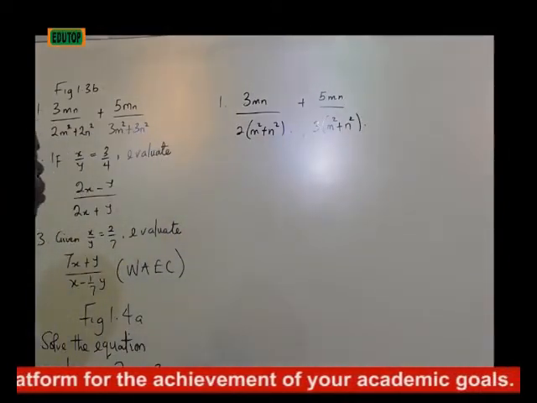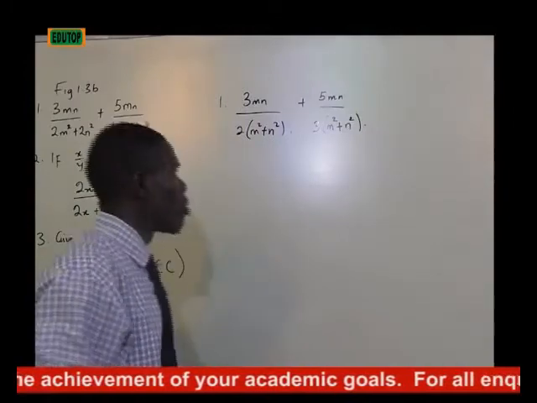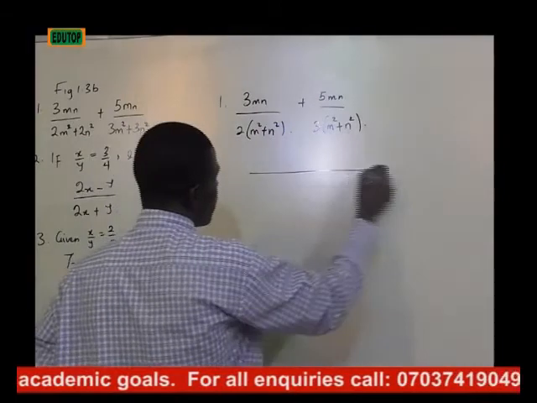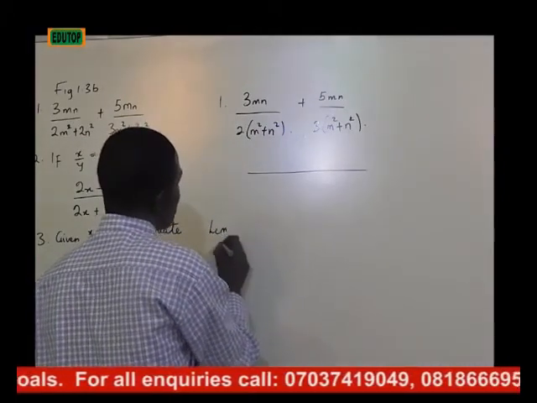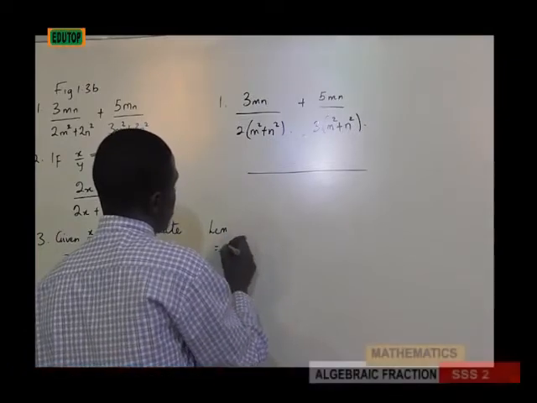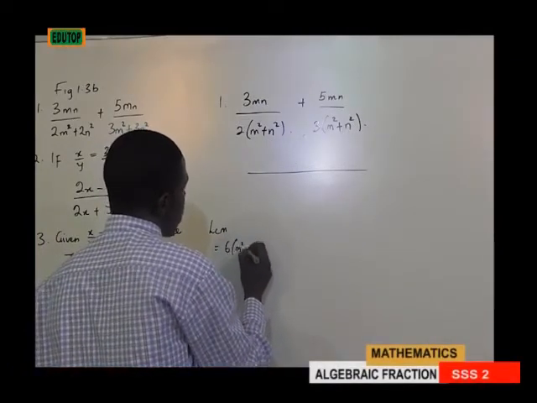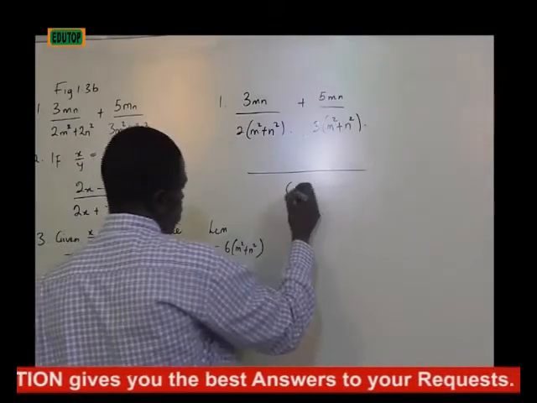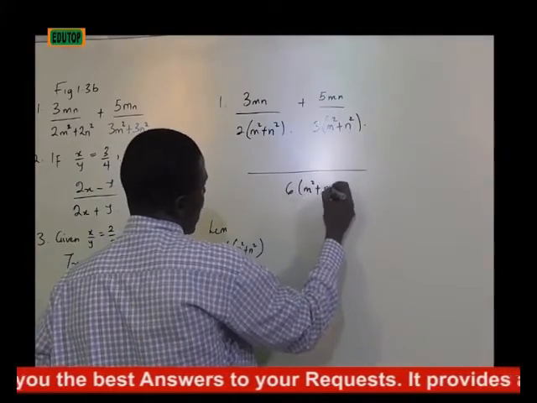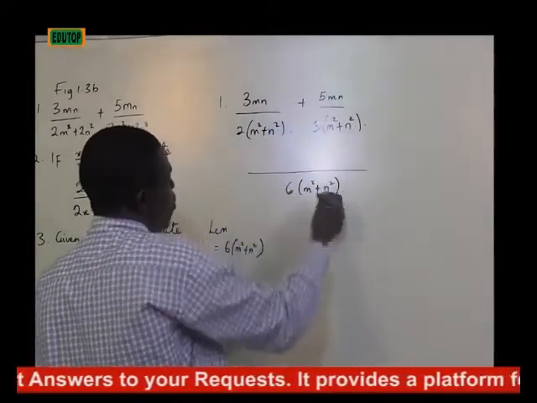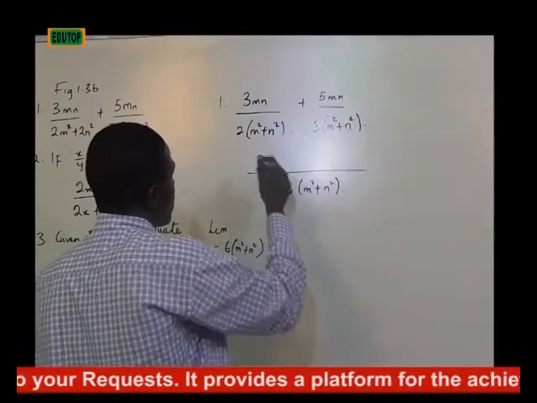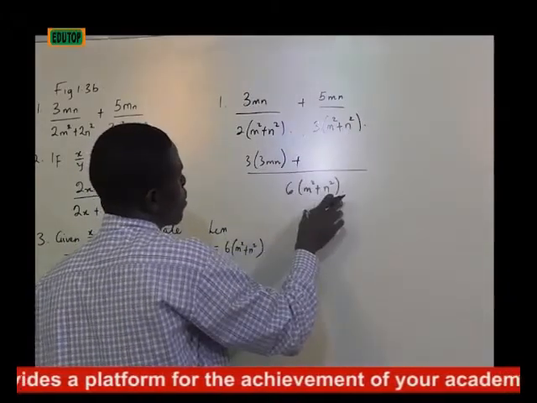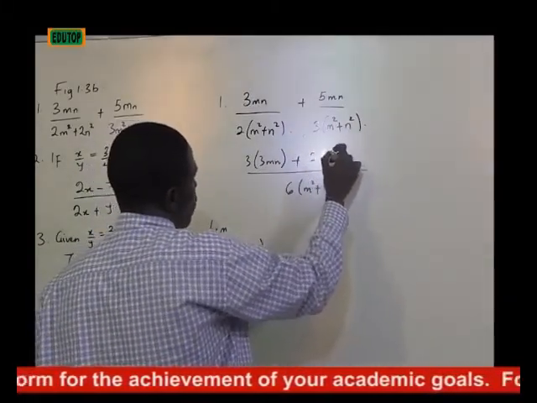Now, our objective is to factorize the denominator. If you want to factorize the denominator, we look for the LCM. So the LCM here will definitely be 6 times m squared plus n squared. That would be our LCM. How many of these are we going to see here? This cancels this, then we have 3. So 3 into 3mn plus this in this, we have 2 into 5mn.